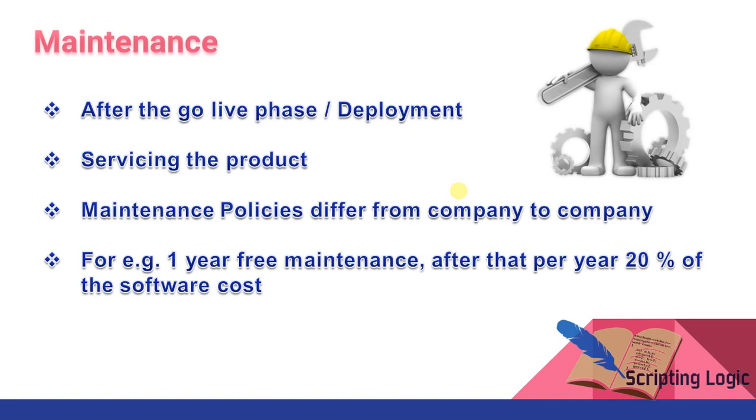So it means that for 1 year after the deployment of the software, they will be serving for free. Like if there are any additional changes, they will do it for free. And after 1 year, as per the software cost, the 20% of the cost they'll take as a maintenance cost, right? So this was the last phase of the waterfall model.